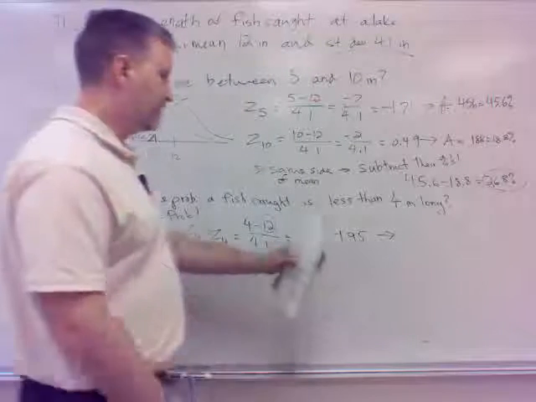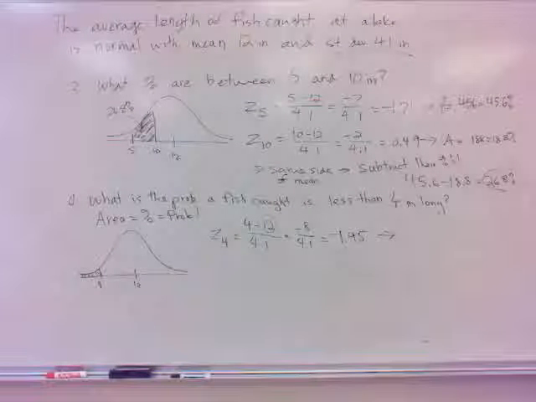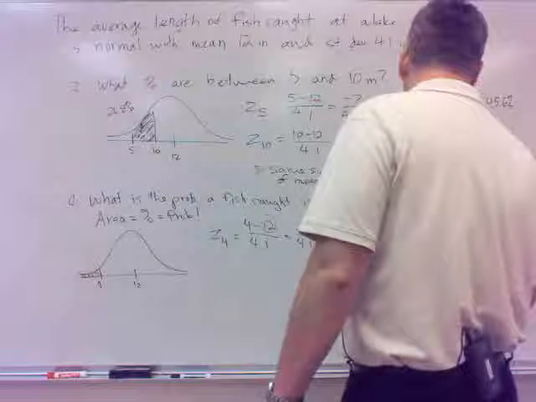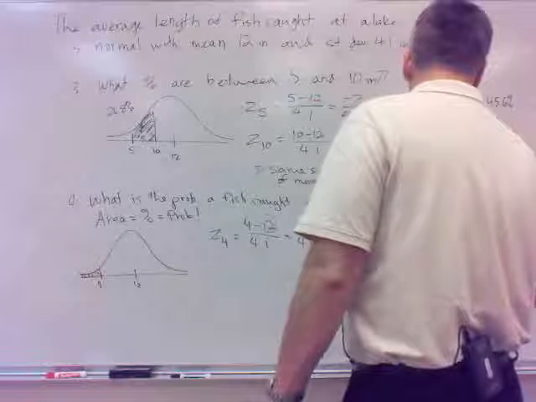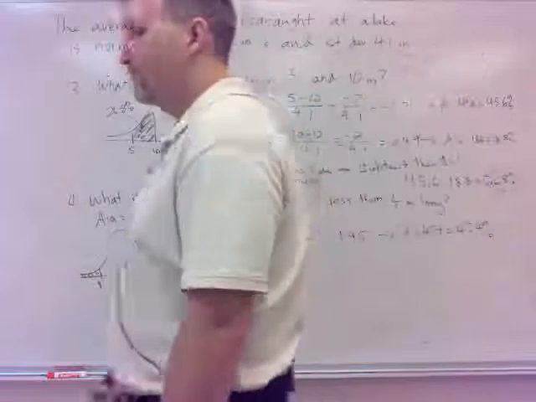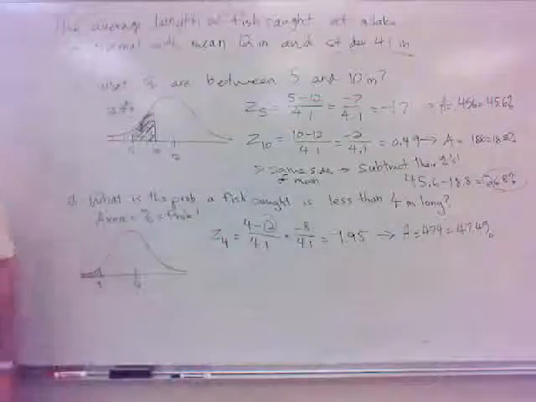All right, so we look up positive 1.95 because it would have the same area as negative 1.95. A is 0.474, which is 47.4%. But is that my answer? No, it is not.